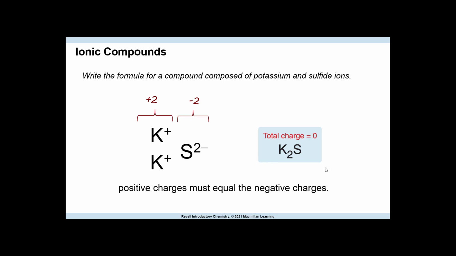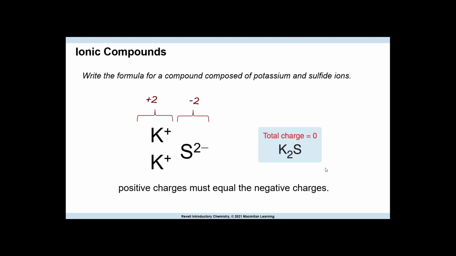When writing empirical formulas for ionic compounds, we write the symbol or formula for the cation followed by the anion. We write this as K subscript 2 and an S, but we would call this potassium sulfide. A formula unit of potassium sulfide contains 2 potassium ions and 1 sulfide ion. This is now a neutral compound.